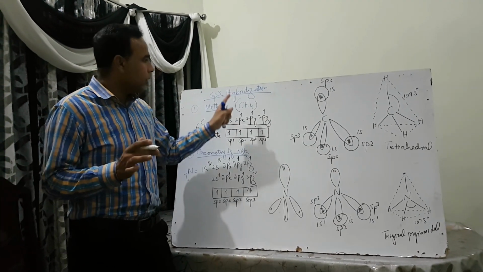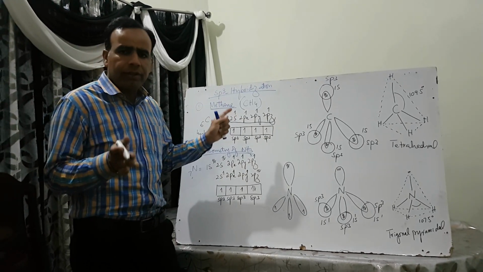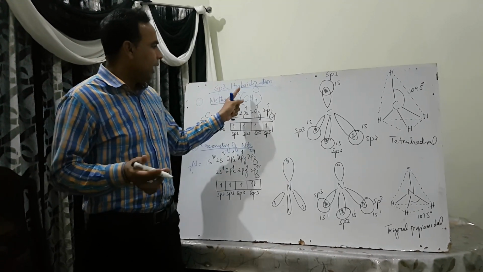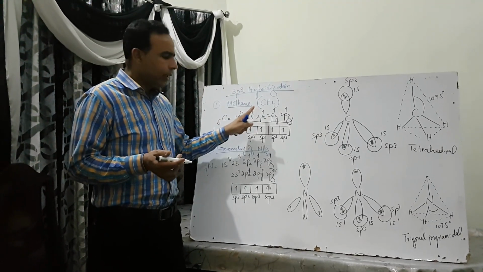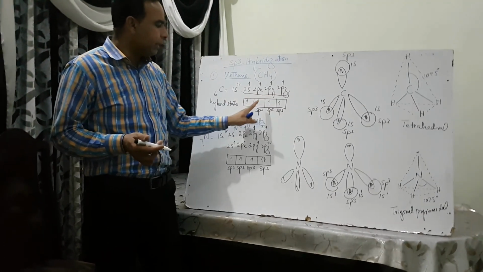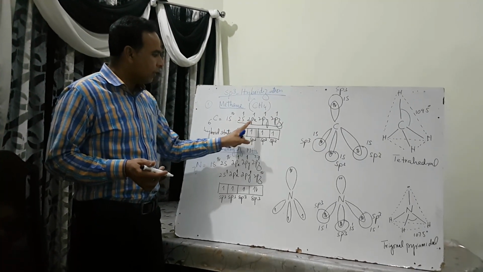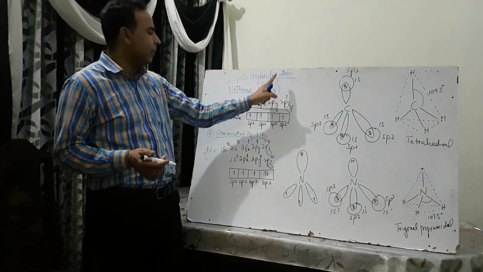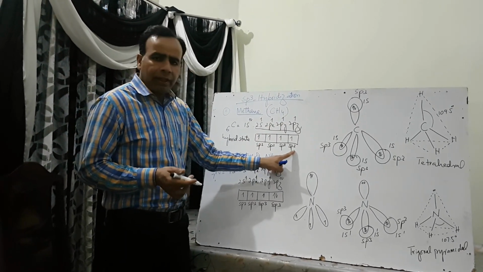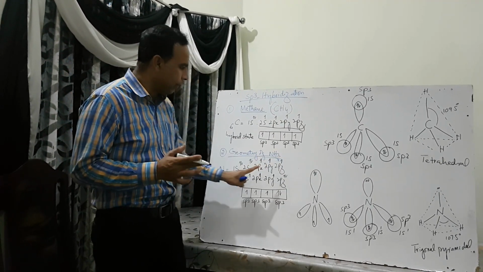My dear students, now I will tell you the structures and geometry of sp3 hybridized molecules. Number one is methane. This is the geometry of methane, in which 1s and 3p orbitals overlap to form sp3 hybridized orbitals, all with the same energy and same shape.